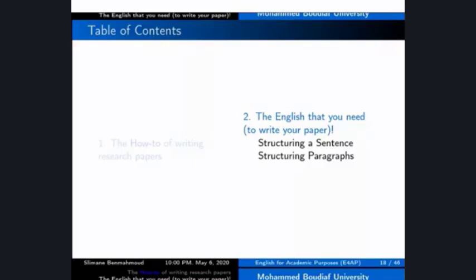So Nisreen Bilmihoubi said, should I choose the journal in which I'm going to submit my article or the topic at first, then moderate to fit the journal template? Should I choose the topic or choose the journal?